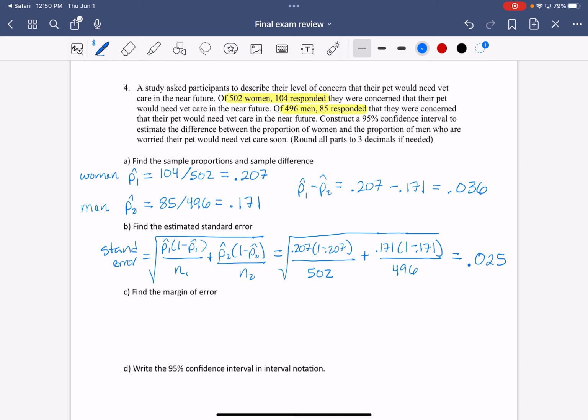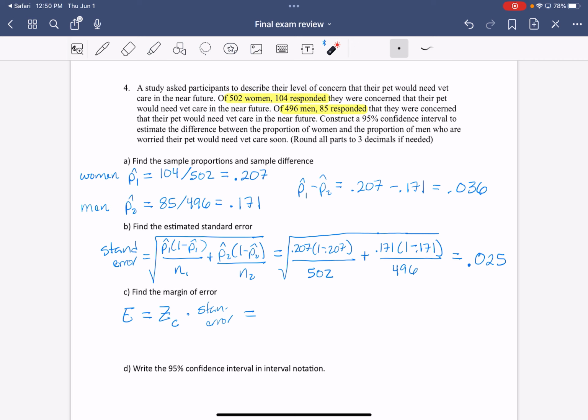Part C, find the margin of error. Again, that formula is on the formula sheet, which is E equals Z sub C times the estimated standard error. Which, remind me, where do we find the Z sub C? On the sheet. Your formula sheet, on the table, right? So you have to identify the confidence level. We were told the confidence level is 95%.